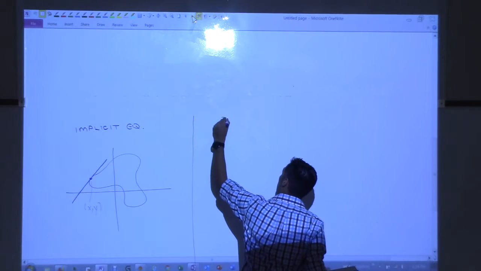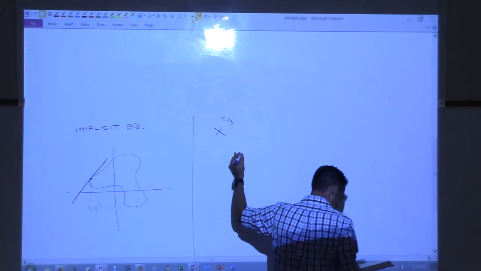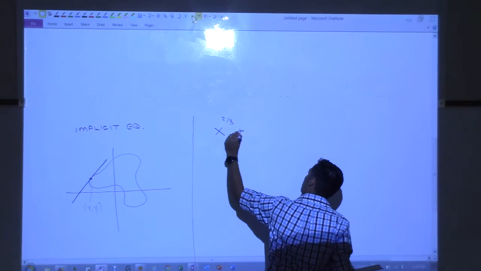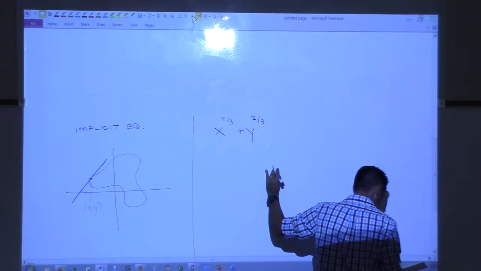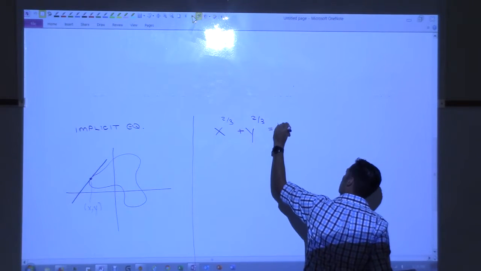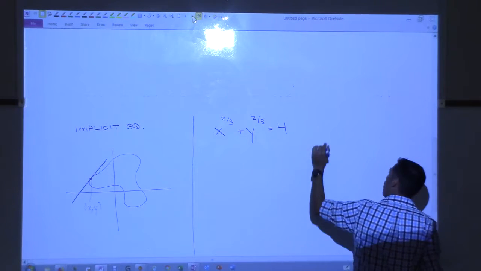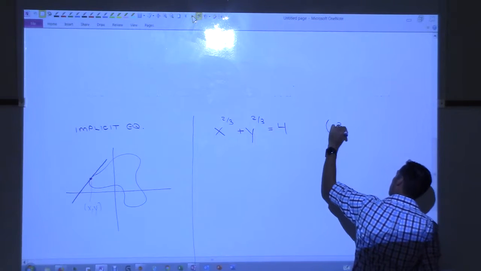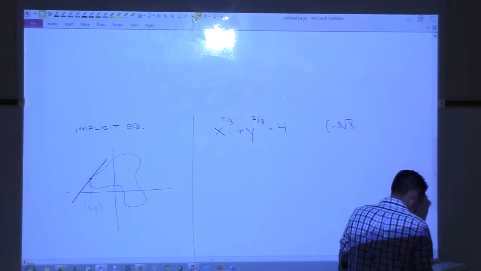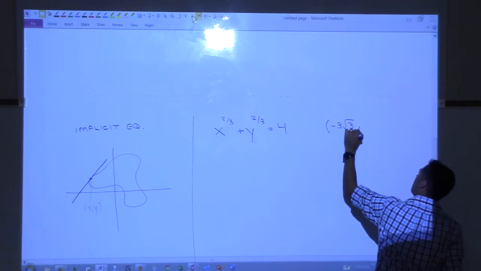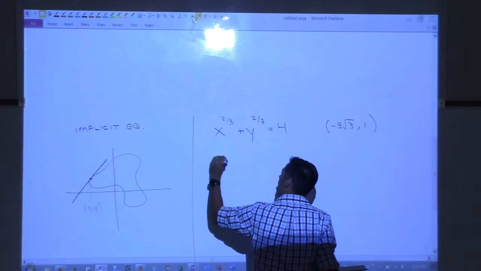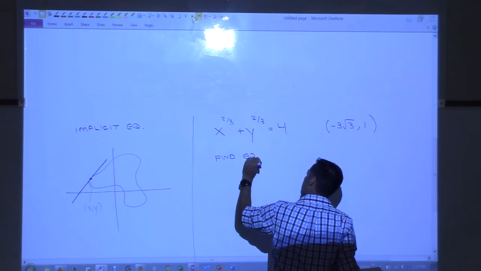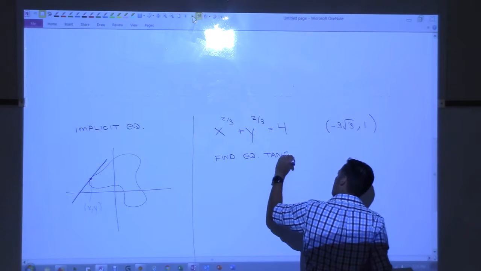X to the 2/3 plus y to the 2/3 equals 4. And the point that we're looking at is the point -3 root 3, comma 1. And we want to find the equation of the tangent line.